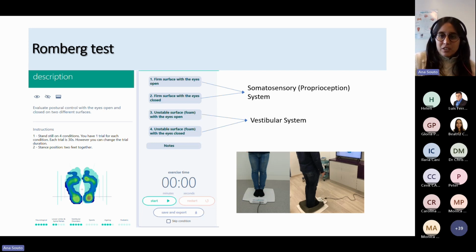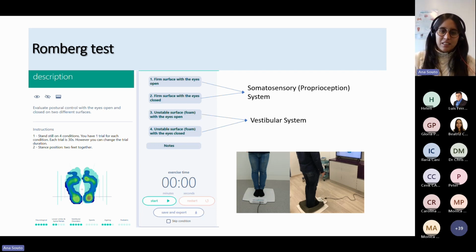Okay, in PhysioSensing, in our software, we have two more conditions that are performed with an unstable surface, so a foam balance pad. What it does is decrease the somatosensory input, so the proprioceptive input, and increase the weight of the visual and the vestibular sensory systems.